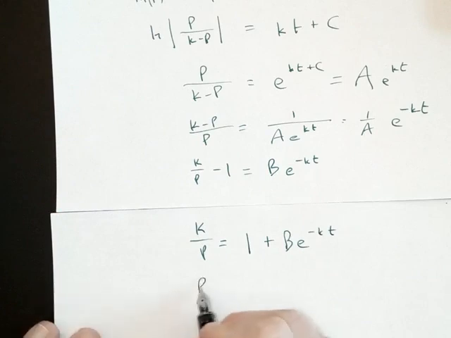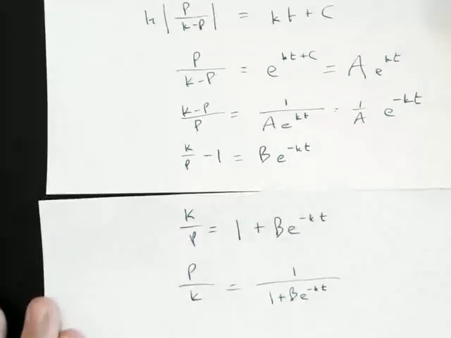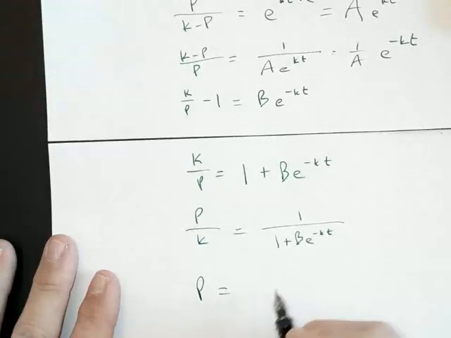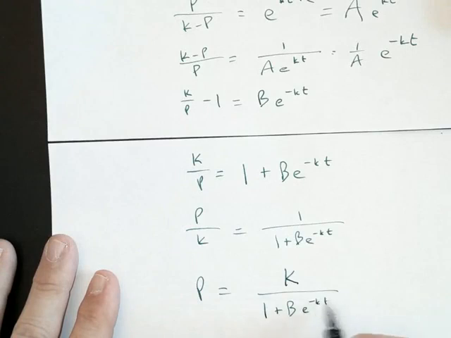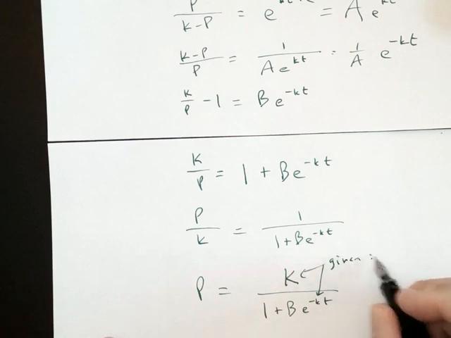And I multiply that capital K over to the other side, and I have solved my equation for p. Now, remember, these two numbers are given to me in the equation. This one is the one I need to use my initial condition to solve for.